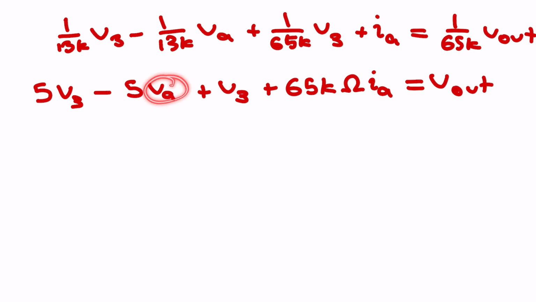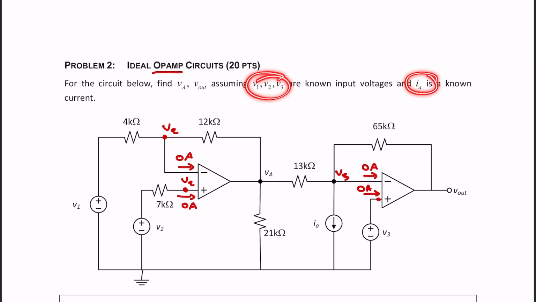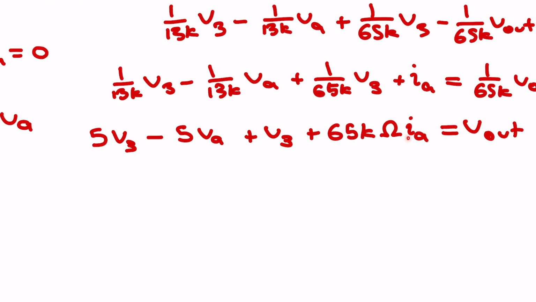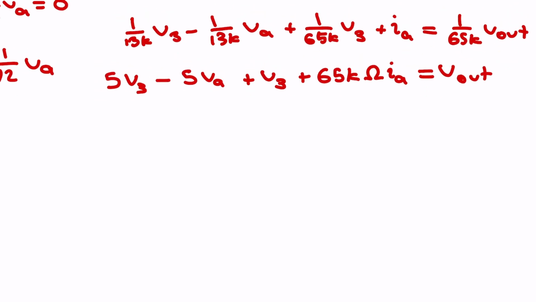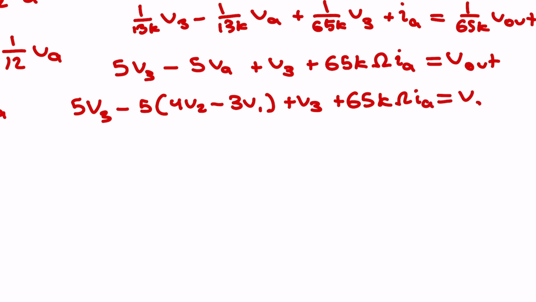Last step, we need to get rid of the VA because technically they don't give us VA. We only know these three and IA, right? So we know what this is by the problem. We don't know what this is. So we got to get rid of that. So let's plug in our solution from last time, right? We can just do that. Say minus 5, what was it? 4V2 minus 3V1, right? Plus V3 plus 65 kilo ohms IA is equal to V out.